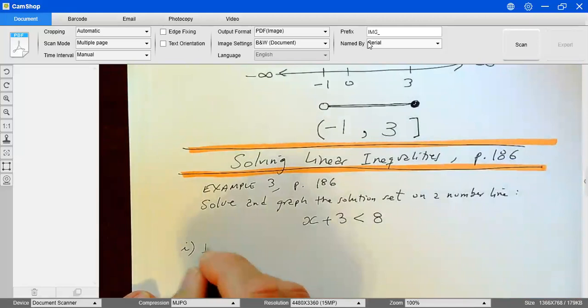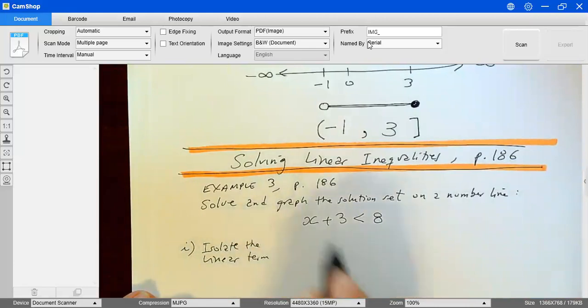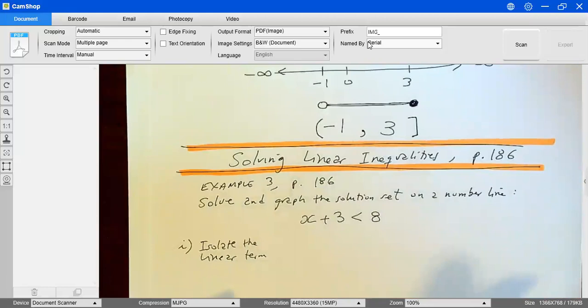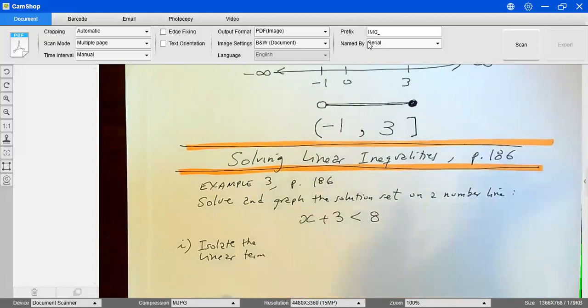So we're going to isolate the linear term first, because there is no coefficient, well, the coefficient is 1, that's fine. So how do you isolate the linear term? You subtract 3 from both sides of the inequality. We are subtracting. We are not multiplying, so don't change the direction of the inequality.